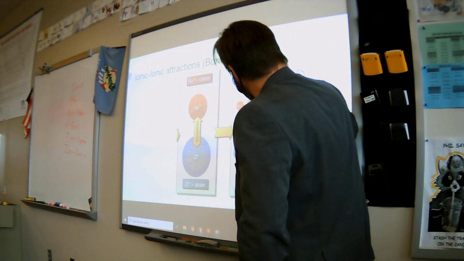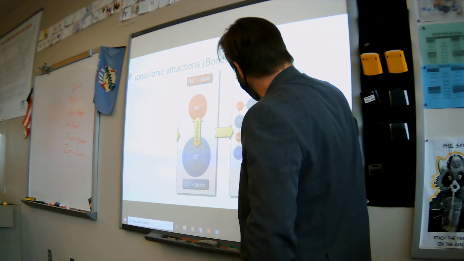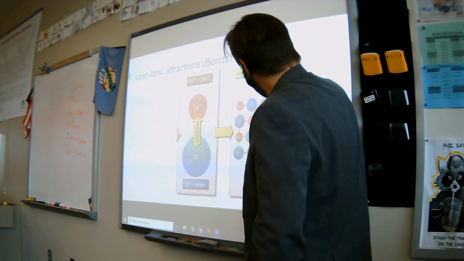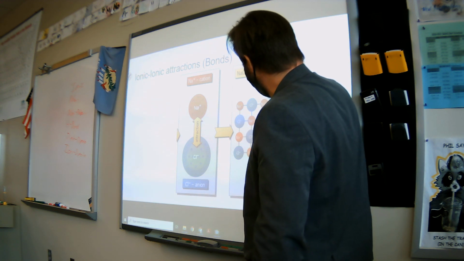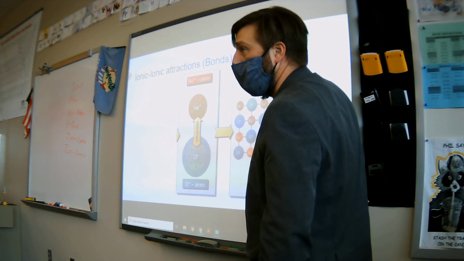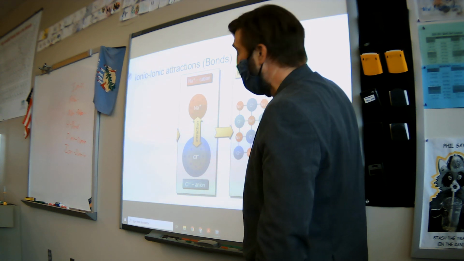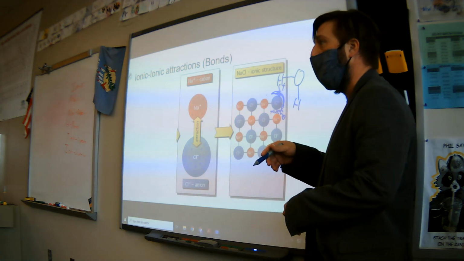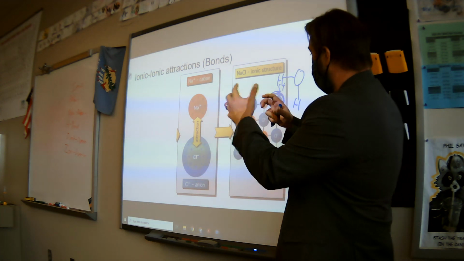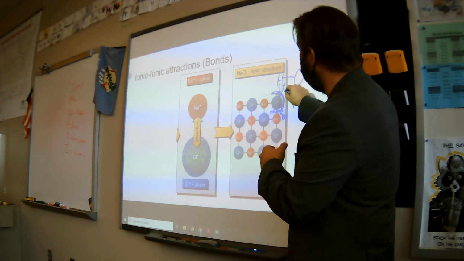Now here's the cool thing about water. If I have a hydrogen on this side, I'm going to have an oxygen on this side, right? So, while the hydrogen is being attracted to the chlorine, this oxygen is being attracted to the positive side of the positive ion. So it can sniggle its way in there, and then it's pulling this chloride out.